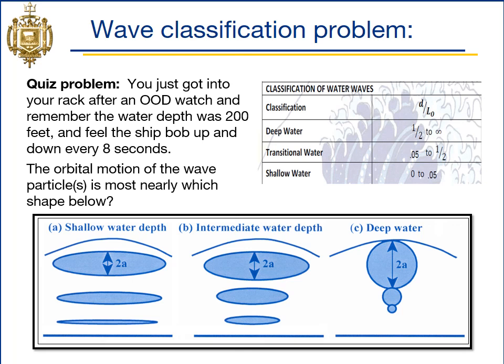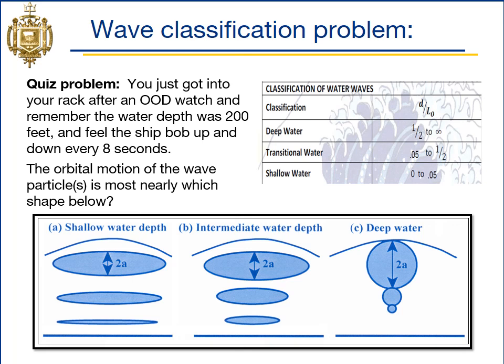So in order to characterize whether we're deep, shallow, or intermediate, we can calculate the d over L naught ratio. So we would calculate L naught as gT squared over 2 pi. And that comes out to be, I believe, 328 feet, if I remember correctly.